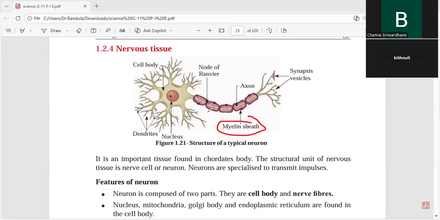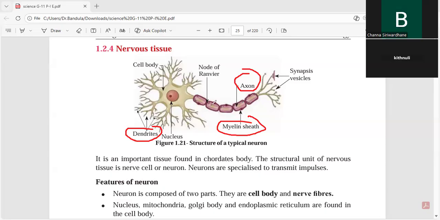They are covering these axons. You need to remember axons are much longer and larger than the dendrites, right? And the axons are covered by the myelin sheaths, right?